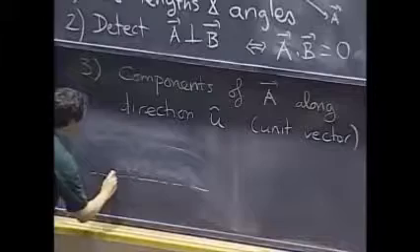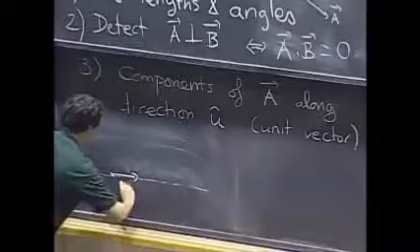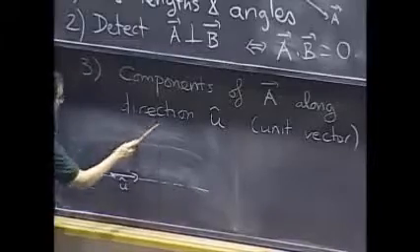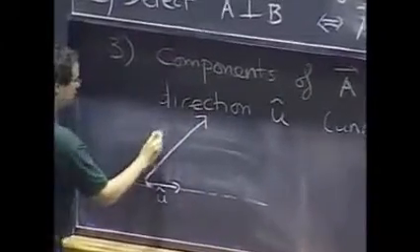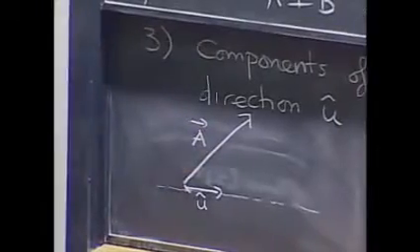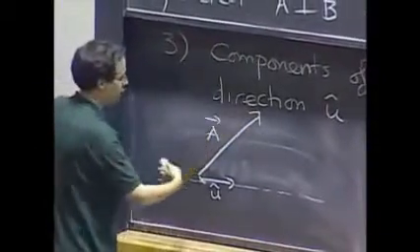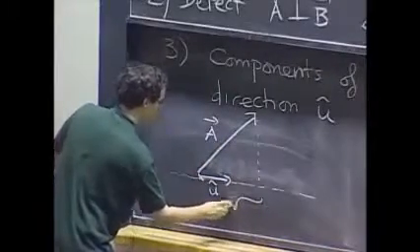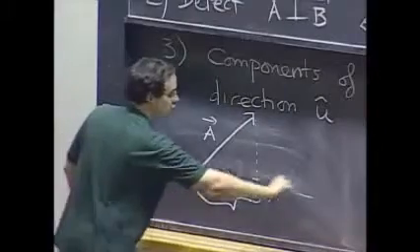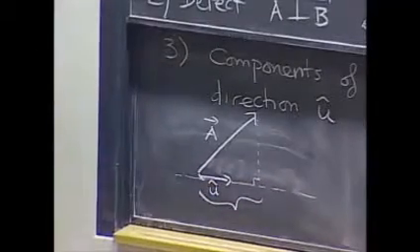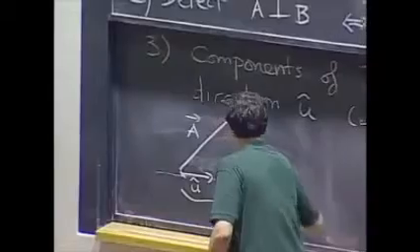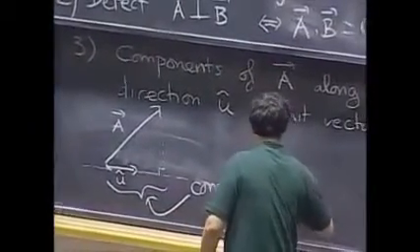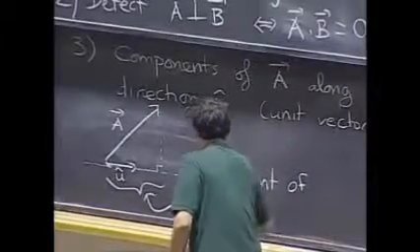And to describe this direction, maybe I have a unit vector along this axis. Let's say that I have any other vector A, and I want to find out what is the component of A along U. So that means what is the length of this projection of A to the given direction. Okay, so this thing here is the component of A along U.